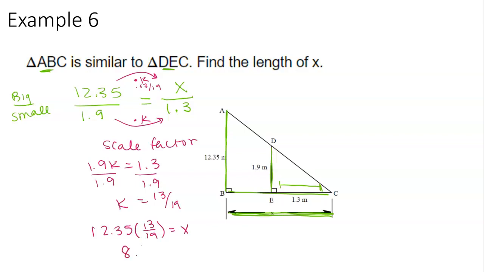I get 8.45 is equal to x, and that's meters. So that means this is 8.45 meters. And again, you could have used scale factor. You could have said, okay, how do I get from 1.9 to 12.35? 1.9 times what gives me 12.35, and that's going to be the value I multiply by 1.3. You can do that too.